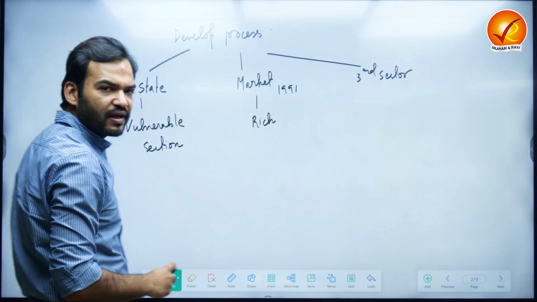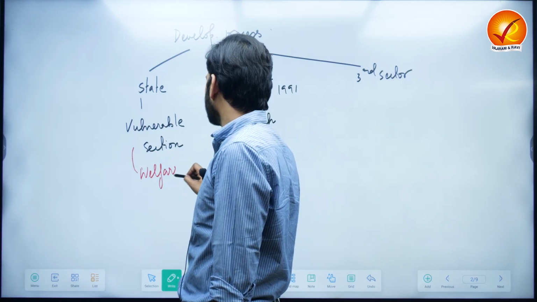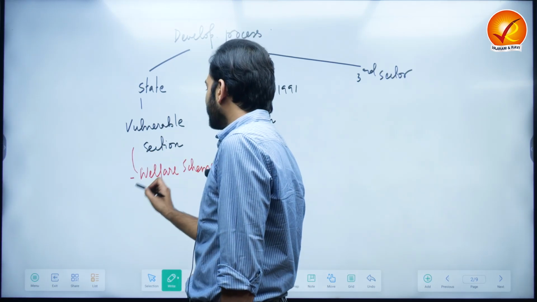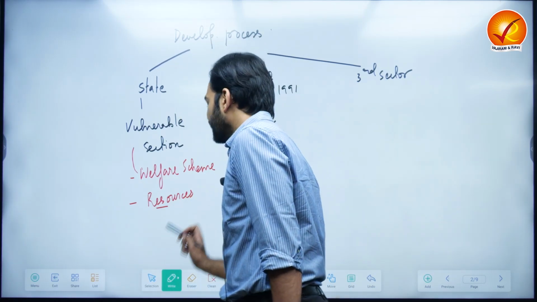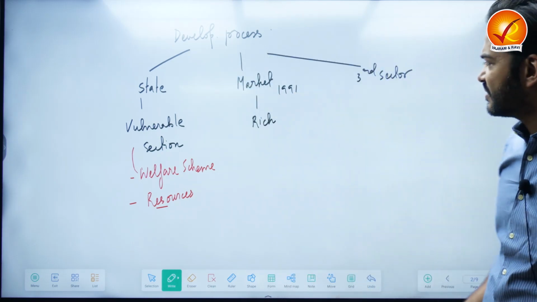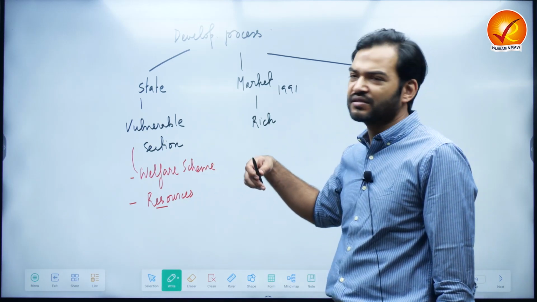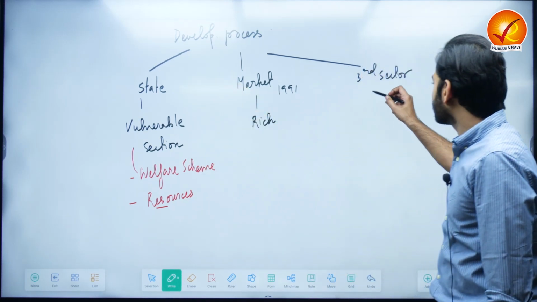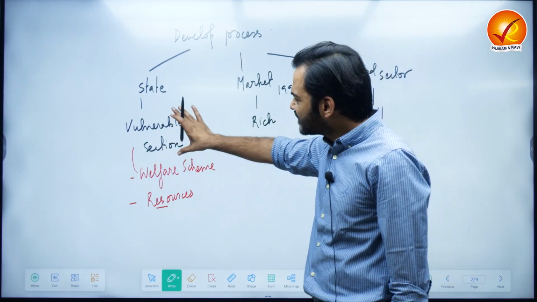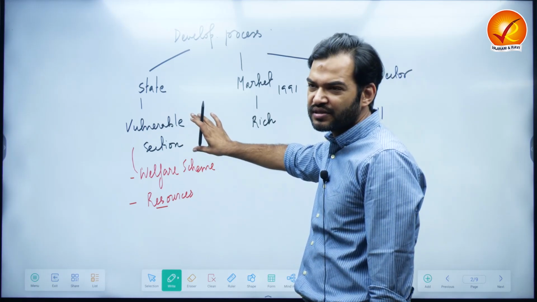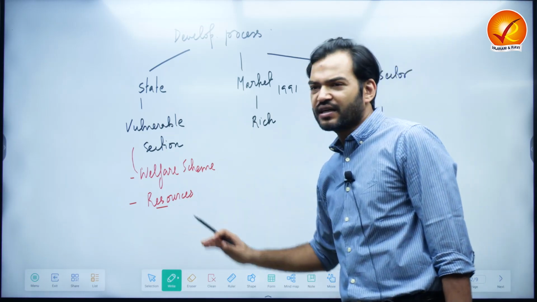Now, to take care of vulnerable sections of society, the state is running multiple welfare schemes. To run these welfare schemes, the state needs resources. But in a country like India, the state doesn't have enough resources. So the state is running welfare schemes, but through them it is not able to reach everyone. It is the duty of the state to reach vulnerable sections, but the state is not able to reach every one of them because it doesn't have resources.